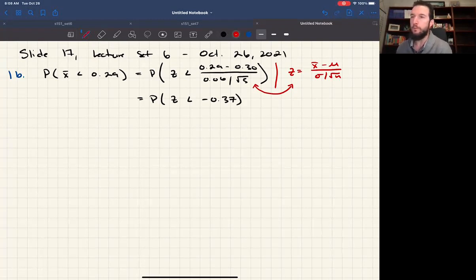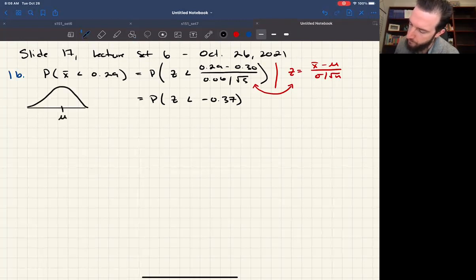So if we were to sketch this, we could have started by sketching out the original problem, or we can sketch from the z-score. So let's say that we made a little sketch at the beginning of the problem. Okay, so here is mu, which is equal to 0.3.